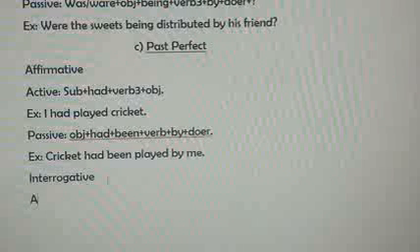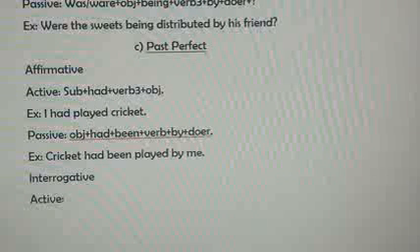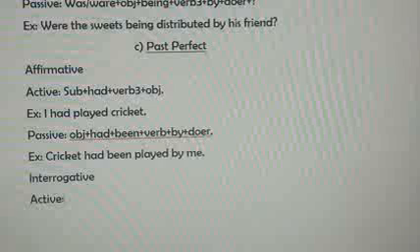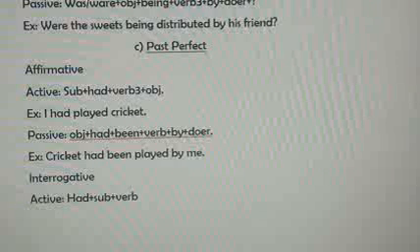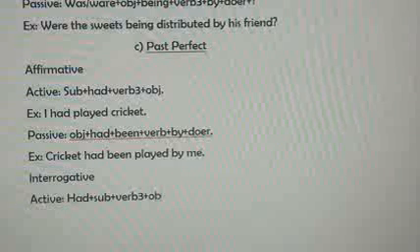So let me write the active structure first of all for the interrogative group of past perfect. The structure will be: the auxiliary verb comes first. After that, I need to place a suitable subject. Then, as we know, we need to use the third form of verb, and after that, the suitable object will be placed in its place. Okay?